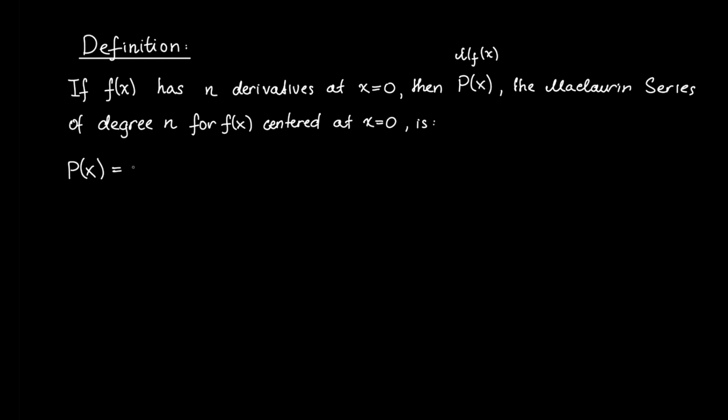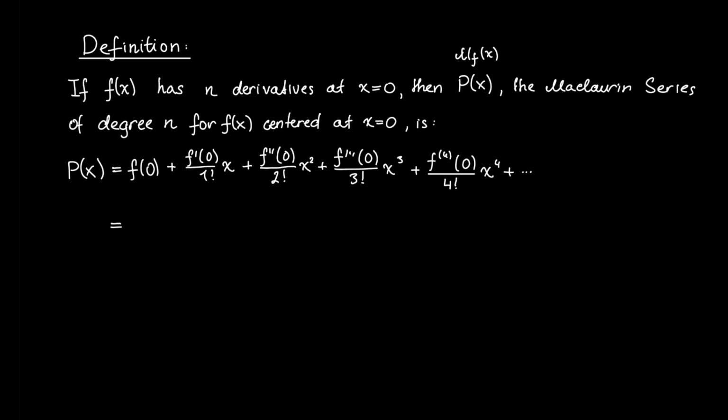P(x) is going to be equal to f(0) plus the first derivative evaluated at 0 divided by 1, and of course times x, plus the second derivative evaluated at 0 divided by 2 factorial times x squared, plus the third derivative evaluated at 0 divided by 3 factorial times x to the power of 3, and so on. Now, there is a way to write this in a more compact way using the sigma notation.